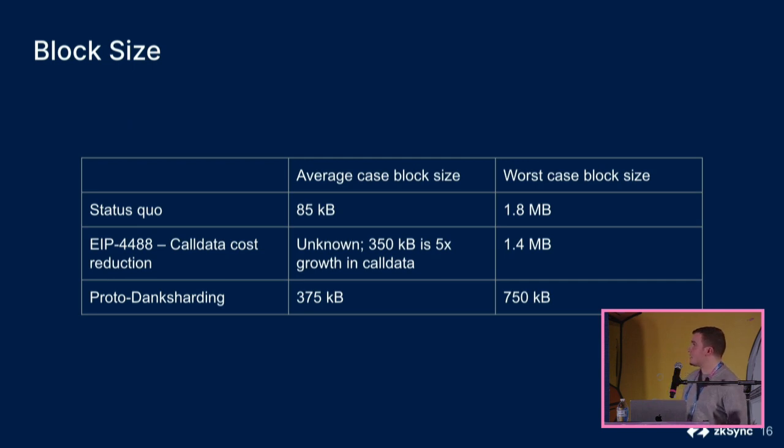So this is talking about the block size. As we can see with proto-dank sharding, we have an average case block size of 375 kilobytes.